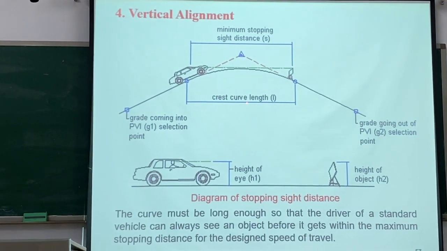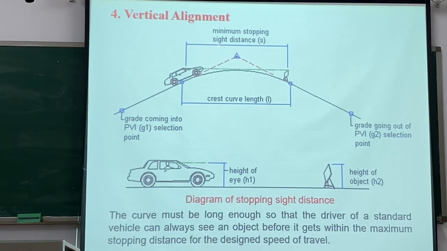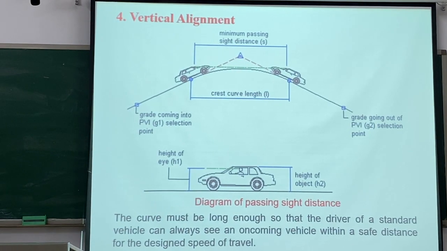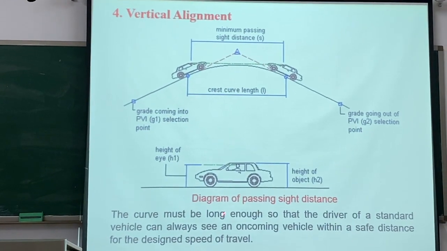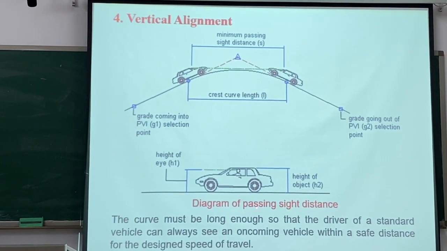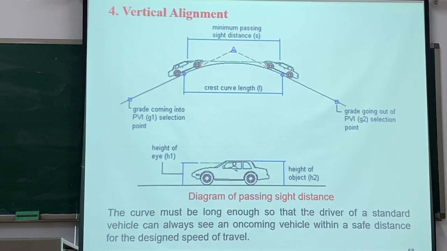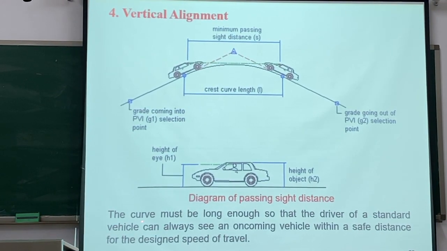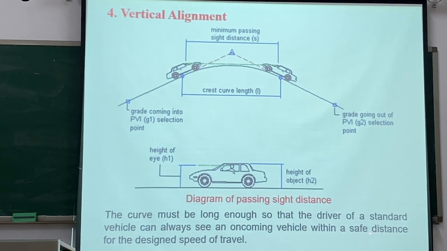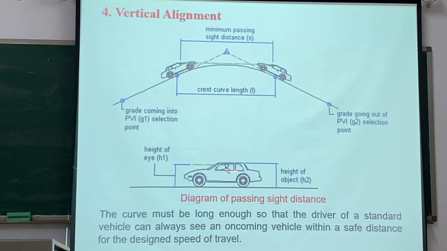And this graph shows the minimum stopping sight distance. Diagram of passing sight distance: the curve must be long enough so that the driver of a standard vehicle can see an oncoming vehicle within the passing distance for the design speed of travel. It's just like this.